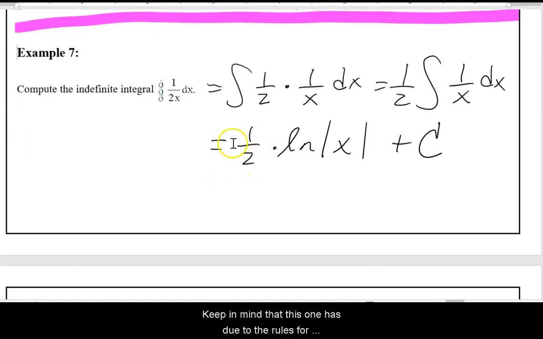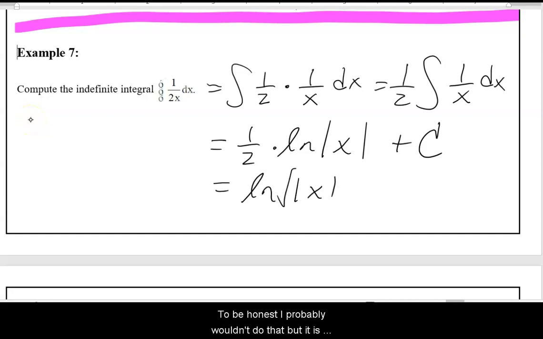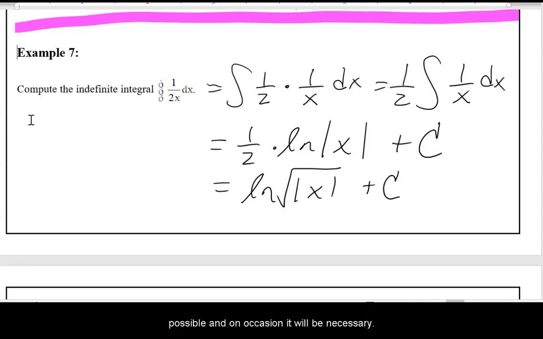Keep in mind that this 1/2, due to the rules for natural log, could be brought inside onto the absolute value of x. This would represent the 1/2 power, which of course would be the square root. To be honest, I probably wouldn't do that, but it is possible, and on occasion it will be necessary.